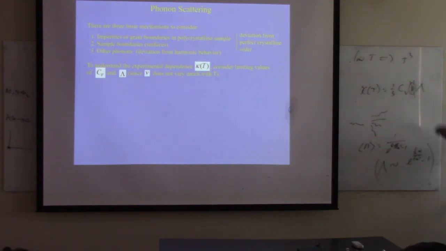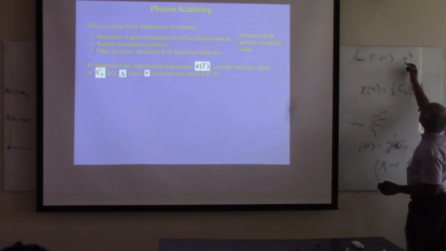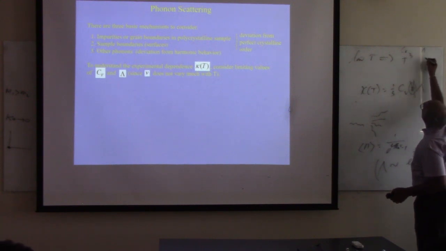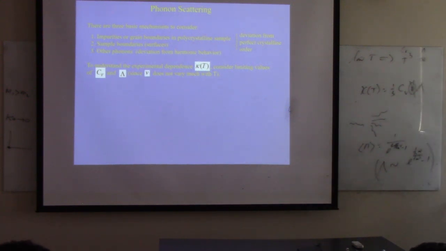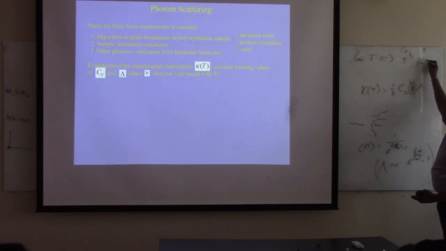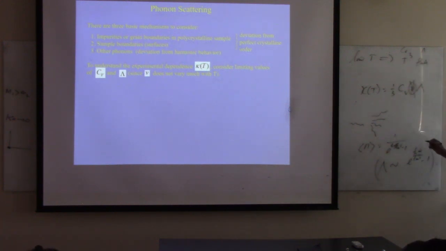So at low T, CV goes like T cube, and gamma goes to infinity. But is that real? It never goes to infinity because it always gets scattered from the surface boundary. Ideally it is infinite, but we know phonons never go to infinity. They get scattered from the finite sample boundary. That means this becomes finite.